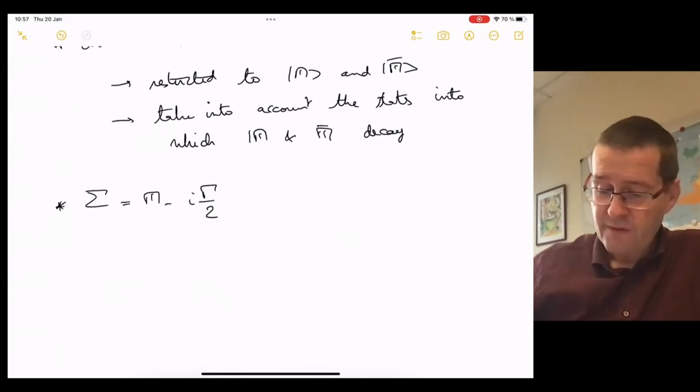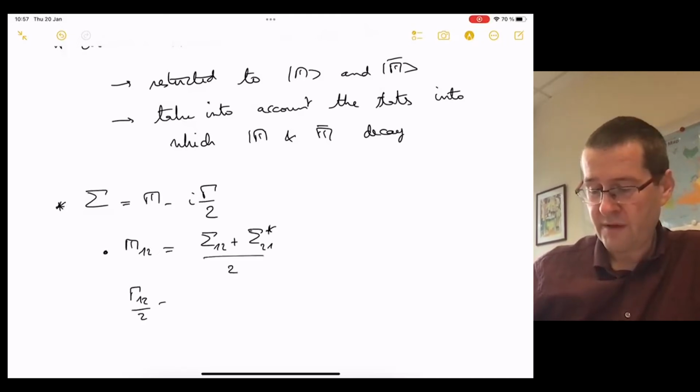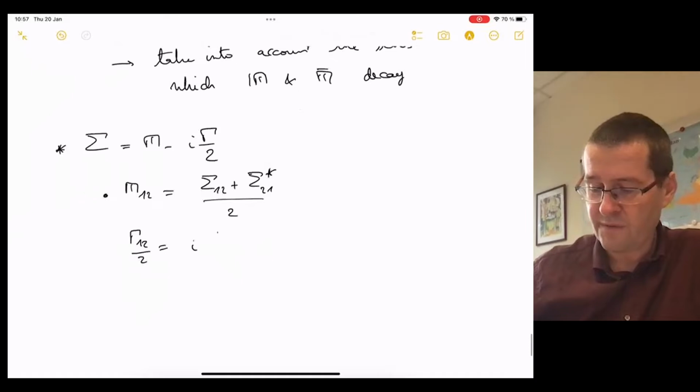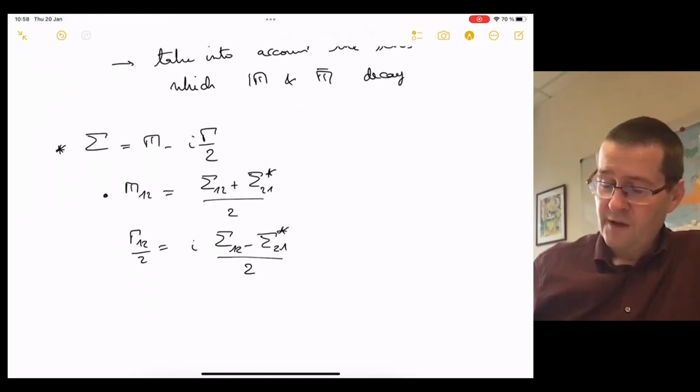And then you can see that those matrix elements can be expressed very easily in terms of this.